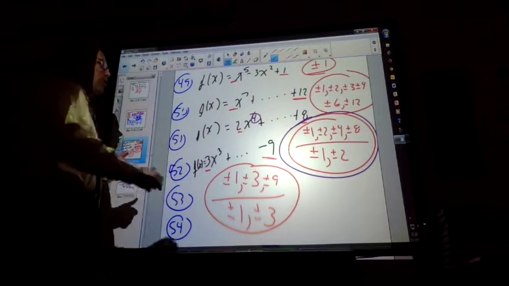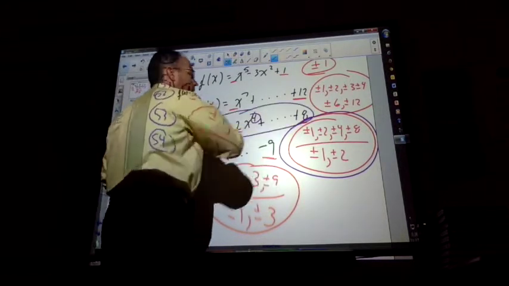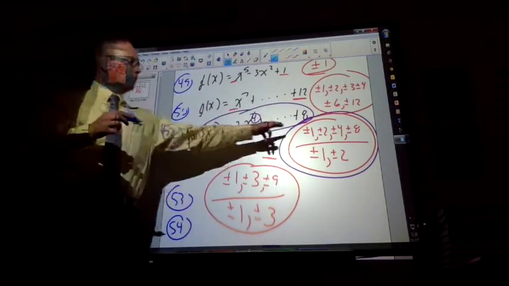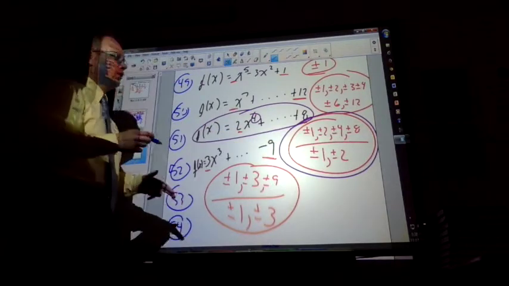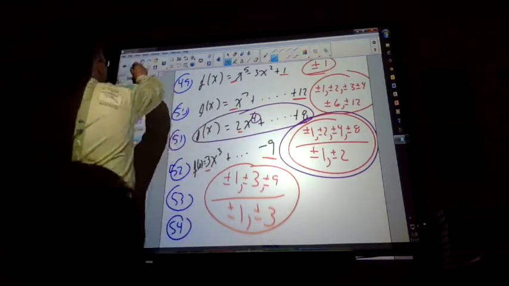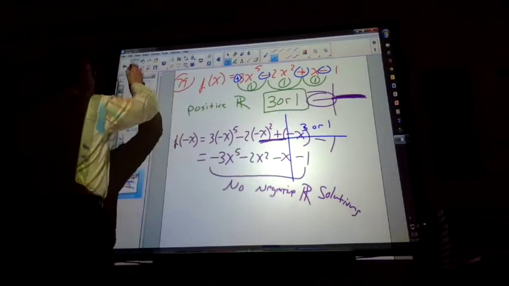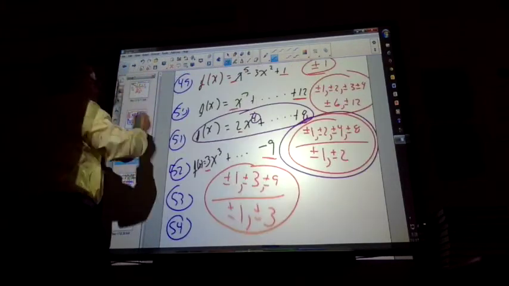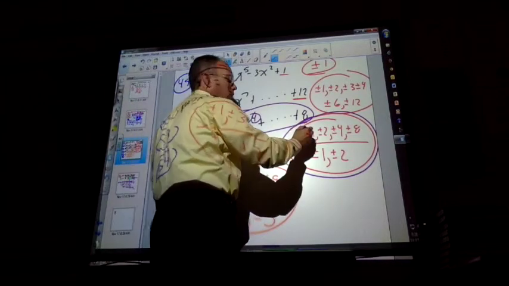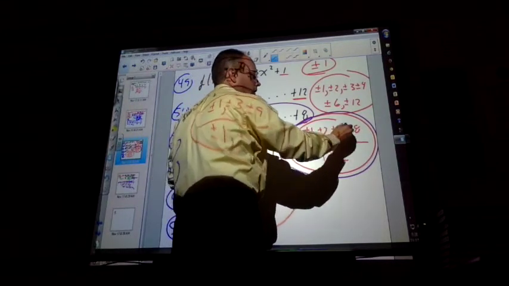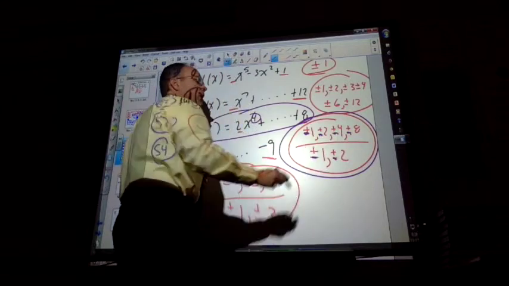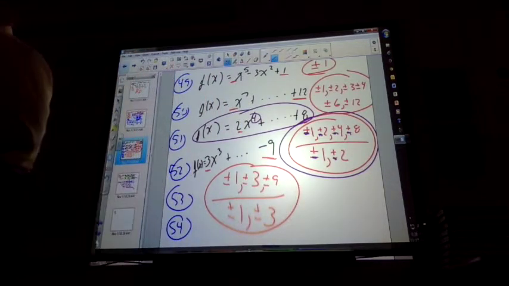But let's say this was the problem that we were working on. These are all the possible solutions. But now I found out that it's not going to happen over here. So now I can go through and say, none of the negatives, I wouldn't have to worry about the negatives at all. So that's half the number of synthetic divisions you'd have to do.